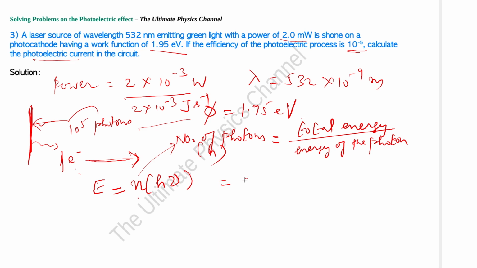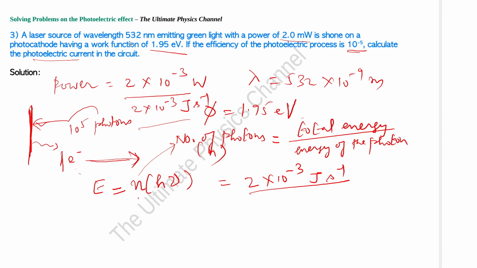So we can say that the energy is equal to 2 into 10 power minus 3 joule per second by the energy of each photon.